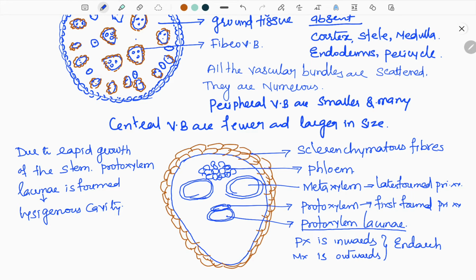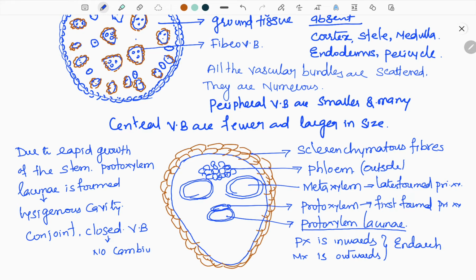And you see here, phloem is outside and xylem is inside. So that is called endarch xylem, and the vascular bundle is called conjoined. Conjoined means xylem and phloem are present on the same radius, and it is a closed vascular bundle. Closed means there is no cambium. What is cambium?